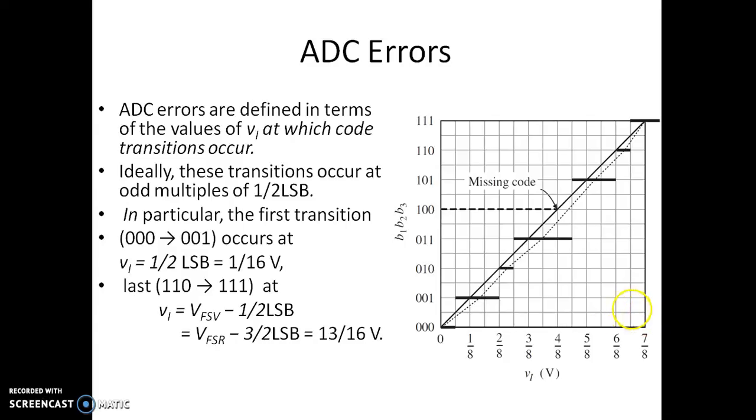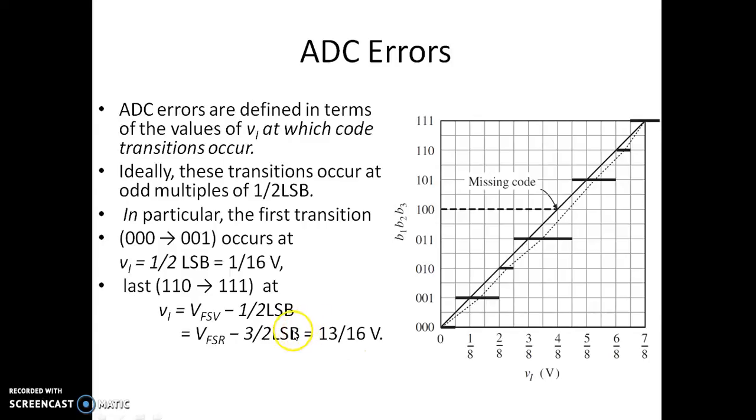It is another half LSB less than the full scale voltage. So that's why it is minus 1.5 LSB compared to VFSR. Since VFSR is 1, it is 1 minus 3 by 2 of 1 by 16.